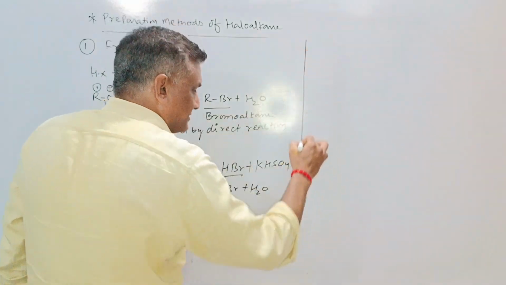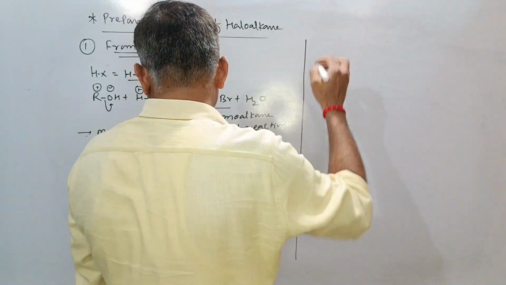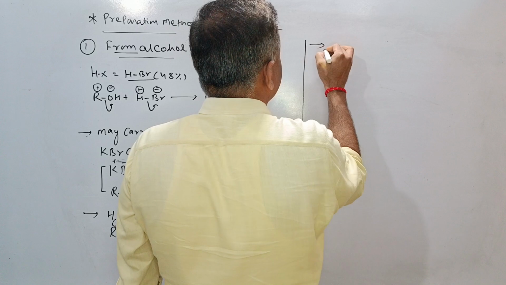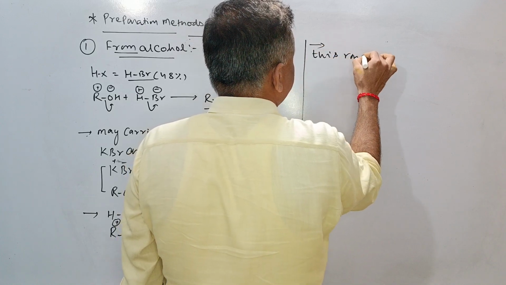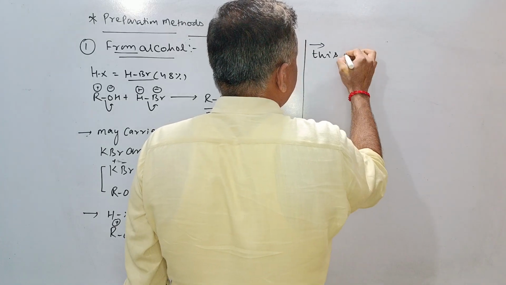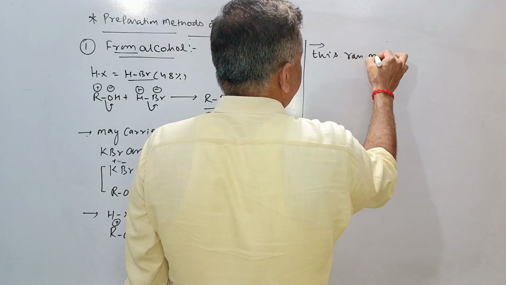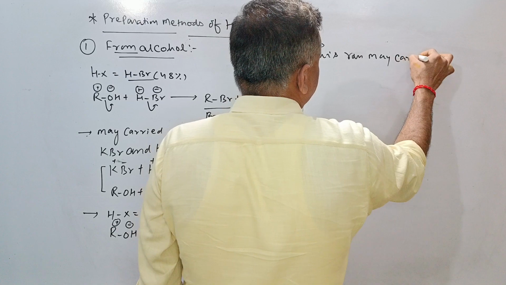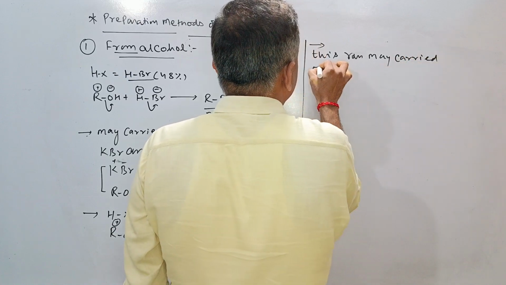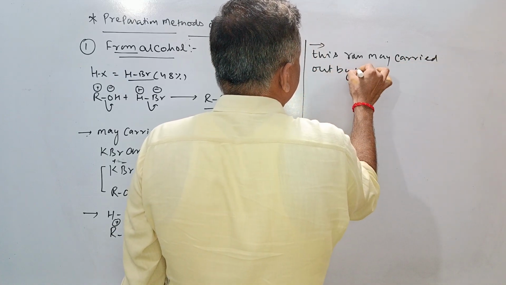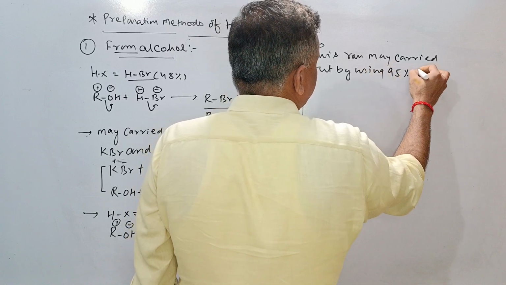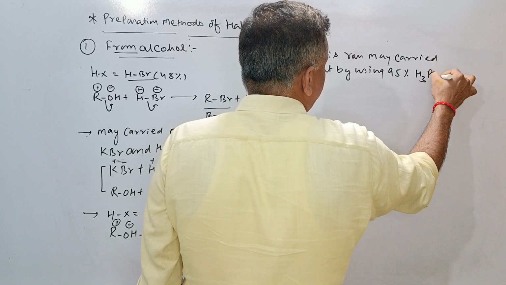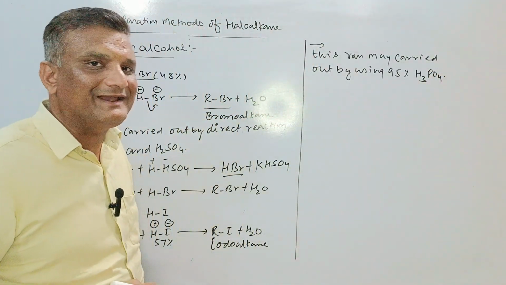If we want to get it indirectly, then this reaction may be carried out by using 95% H3PO4, phosphoric acid, we can also use 95%.